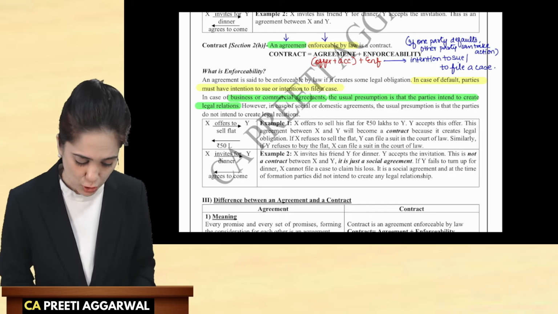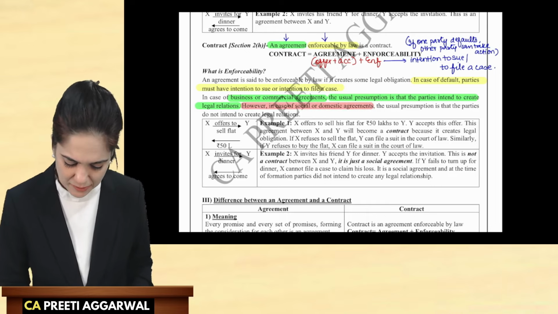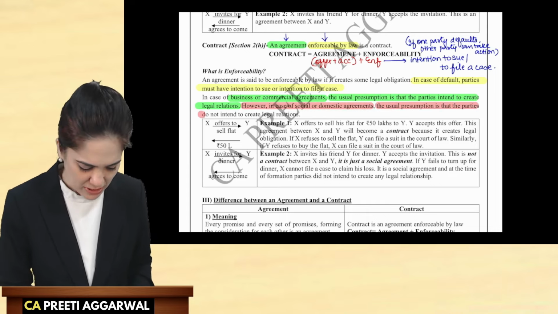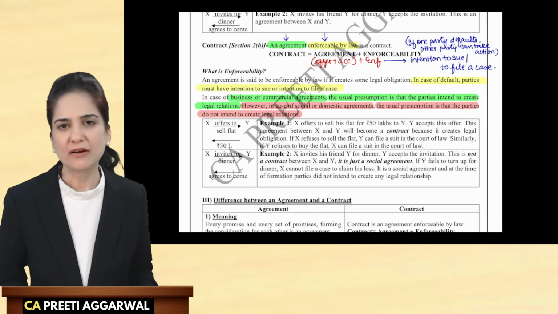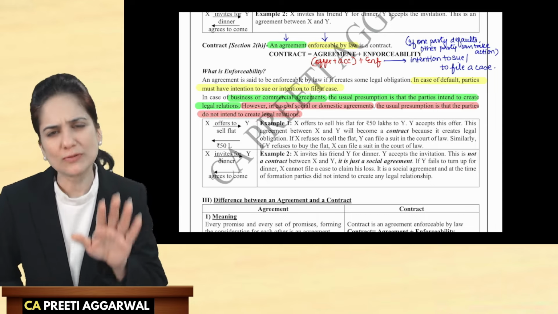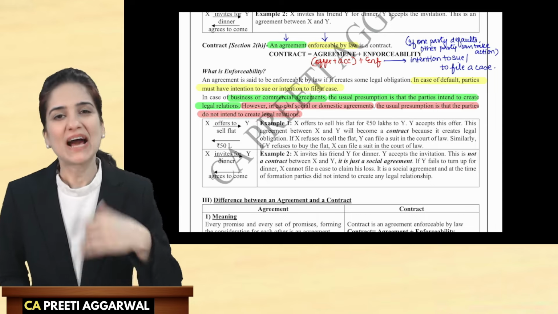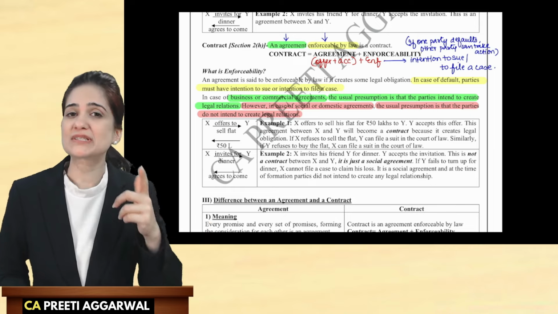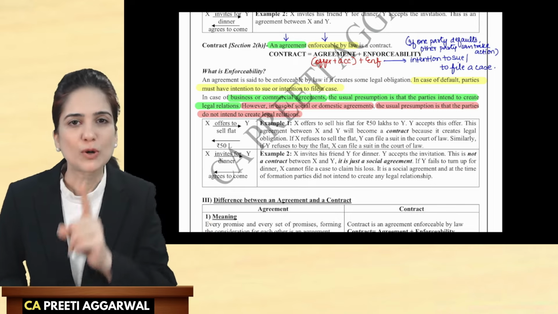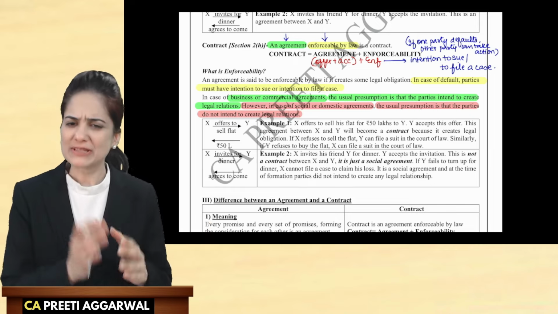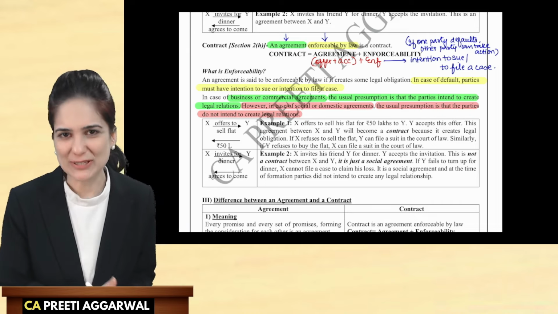But in case of social or domestic agreements, the usual presumption is that parties do not intend to create legal relation. Why is it so? Please have some patience. I will discuss it with you when we study the case law Balfour versus Balfour. So there are still so many things that you need to learn.